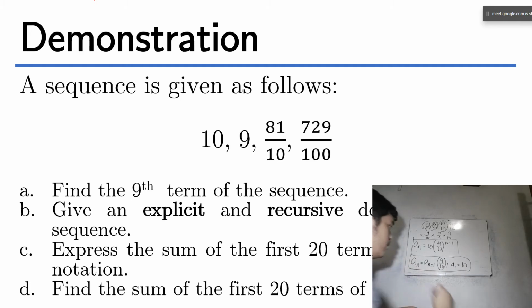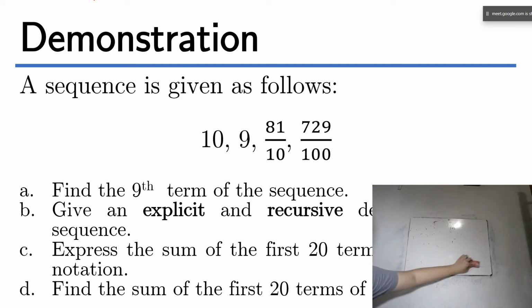Okay? Sige, next. Express the sum of the first 20 terms in summation notation. Sige, gawin natin yun. First 20 terms in summation notation. Sabi ko, kung ano man yung a sub n kanina, ipasok lang natin.